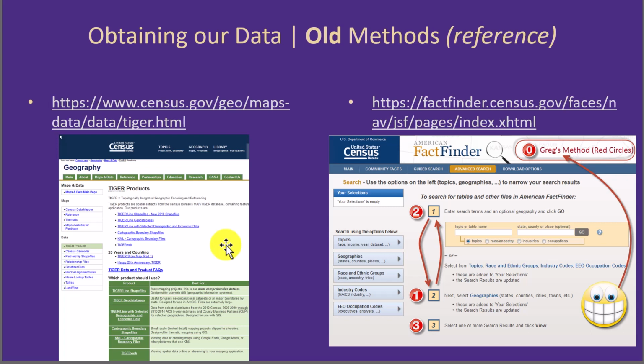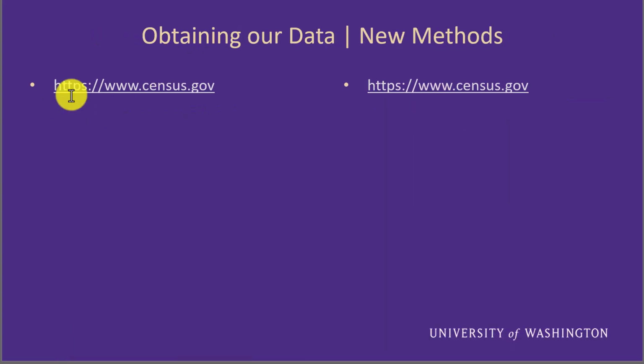I just wanted to show you a visual of what they look like and how we used to teach it here at UW Tacoma. But now we have new methods, and pretty much we download all of our data from census.gov rather than those two sites that I had placed in the previous slide.